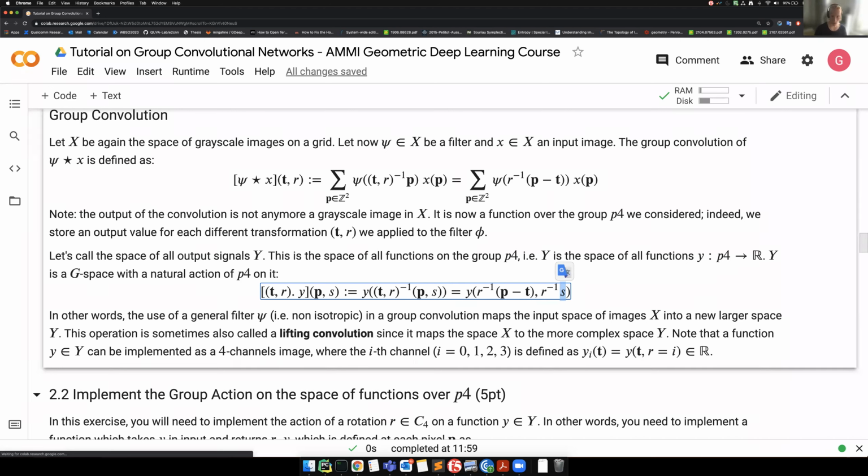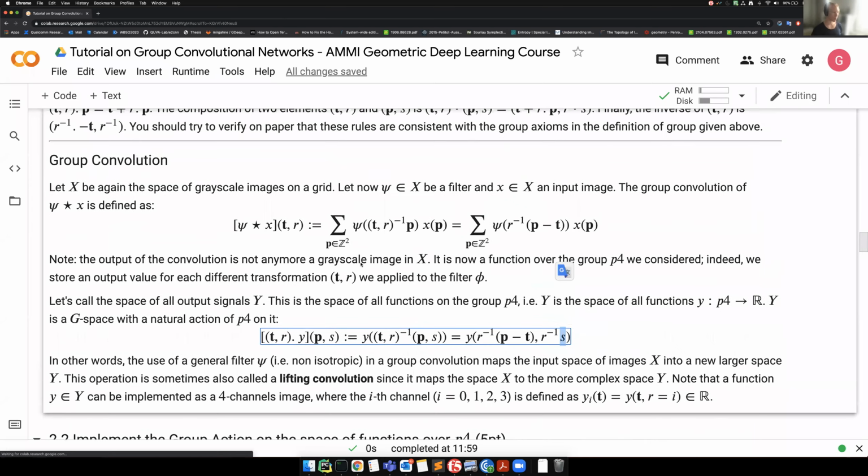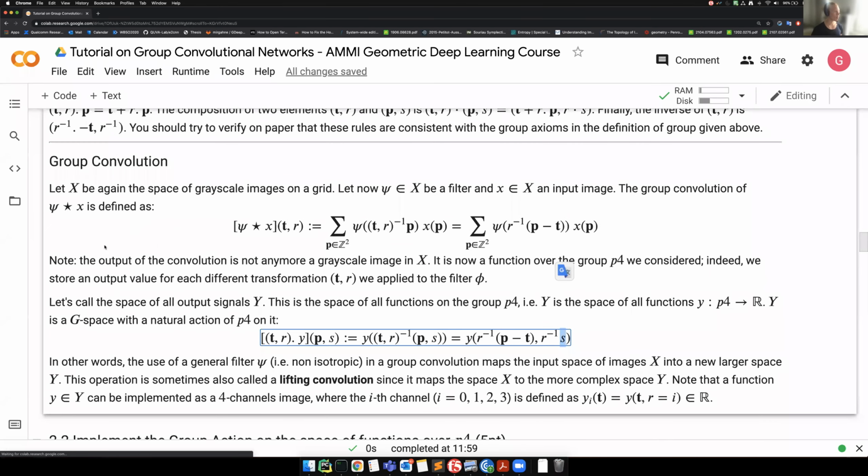Let's see, sorry, messages in the chat. The point is that they're asking why in this equation the rotation is applied on P, and the translation is applied on P, but on S we only apply R. And the point is the definition that we had above here, right?